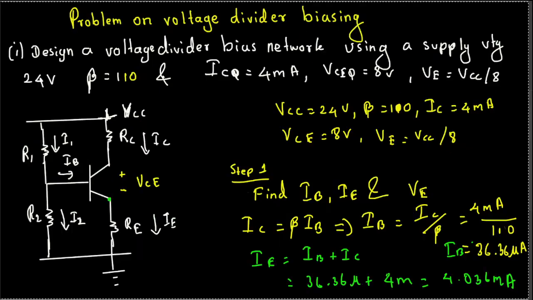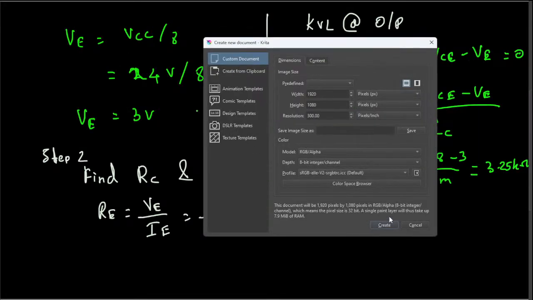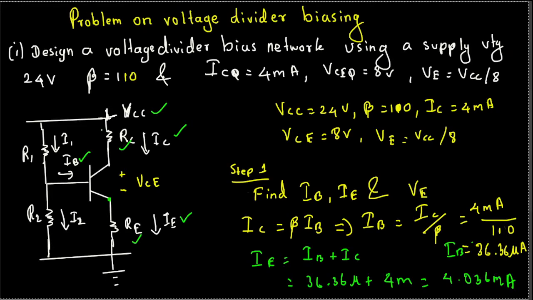Okay, now we know the VCC, we have the RC value, we have the IC value, we have the RE value, IE value, and the IB value. The only thing missing here is we have to find the R1 and R2 resistance. In order to find them, we have to just take the input part of this.